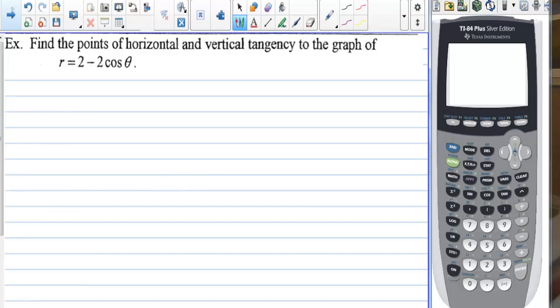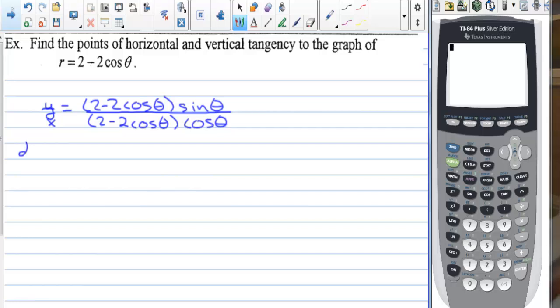Find the points of horizontal and vertical tangency to the graph of, well, this graph. We need y over x, which is equal to r times sine over r times cosine, (2 minus 2 cosine theta) times sine theta over (2 minus 2 cosine theta) times cosine of theta. So there's r sine over r cosine, which is really y over x. Well, we have to take the derivative.